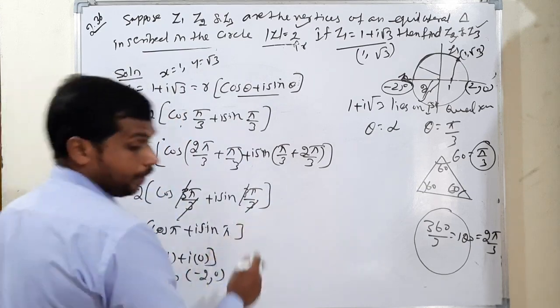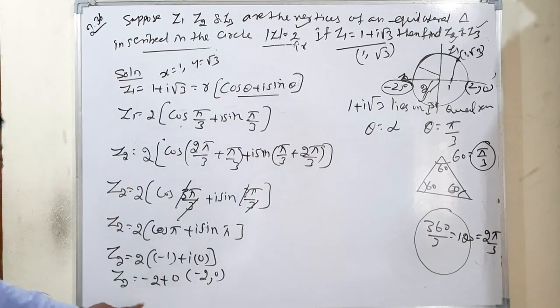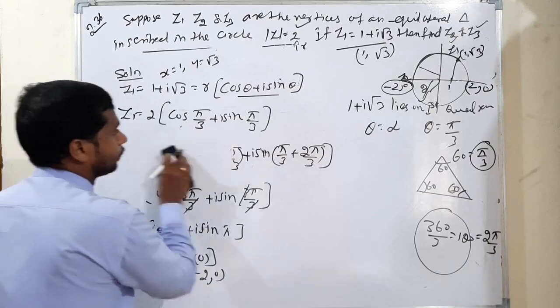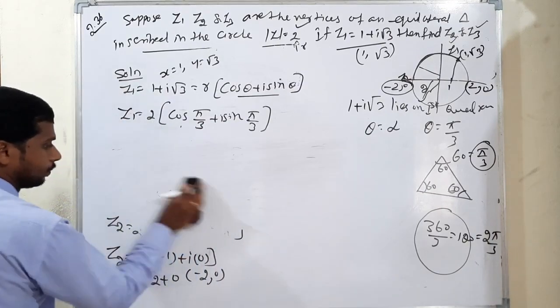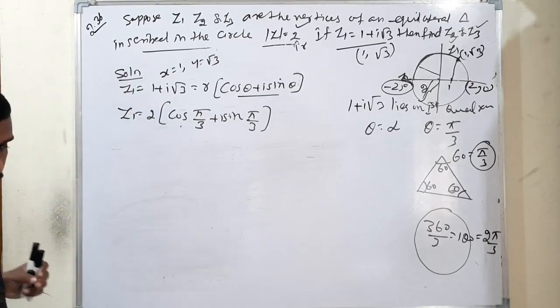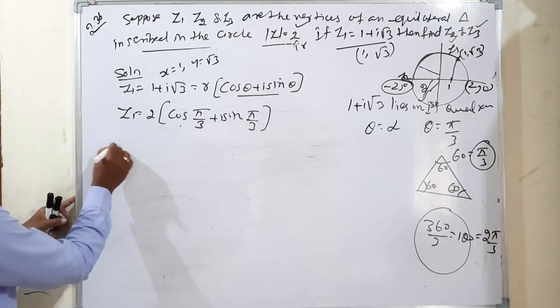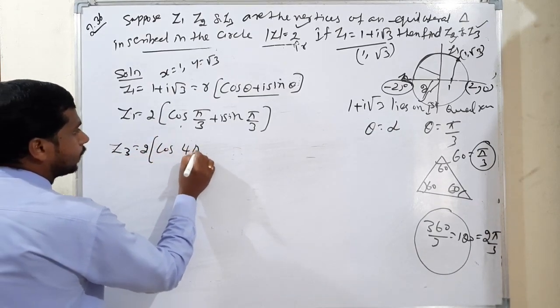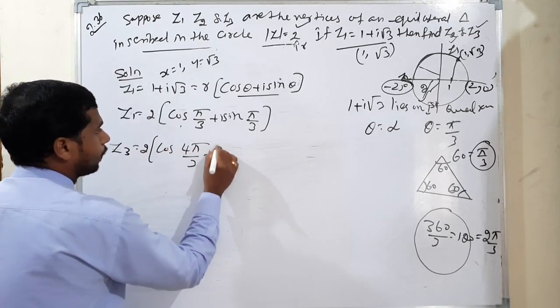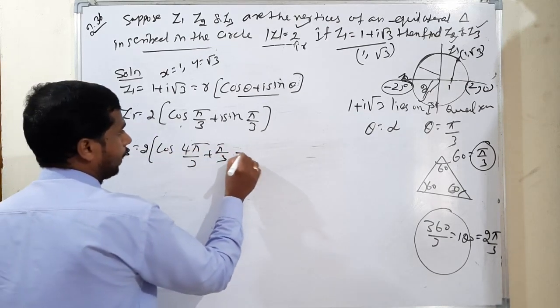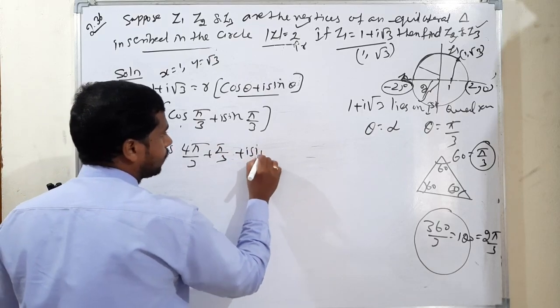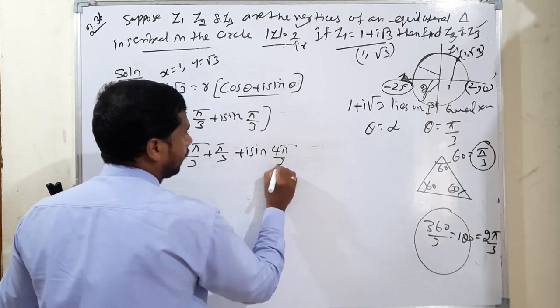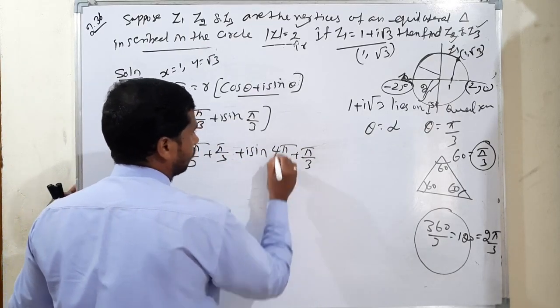Therefore, Z3 is equal to 2 of cos 4 pi by 3 plus pi by 3, again plus i sin of 4 pi by 3 plus pi by 3.